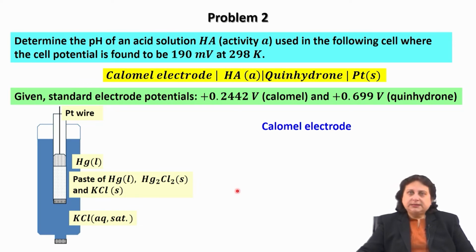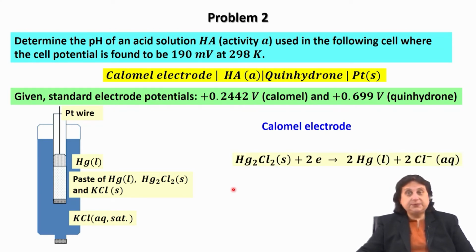But this calomel electrode gives you a very stable standard reduction potential, and therefore, it has been widely used in the literature, and that is the reason why we have chosen to use here in our numerical exercise a calomel electrode as the anode.